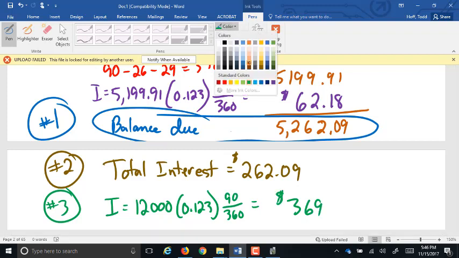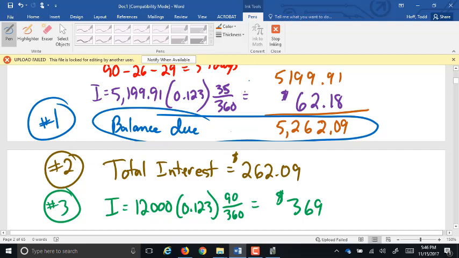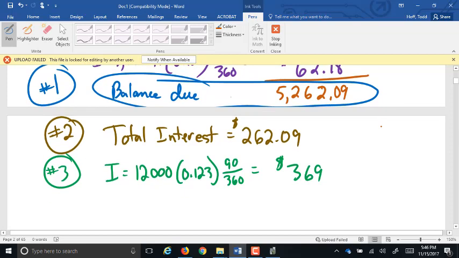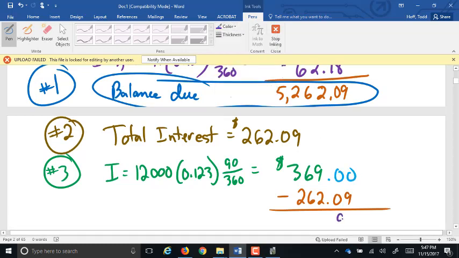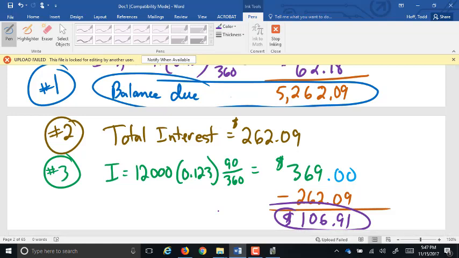Does that look right? 369. So we're going to subtract the $262.09. So we get $106.91 in difference. So making those partial payments did save a considerable amount of money.